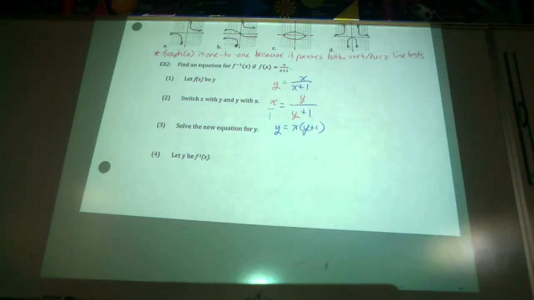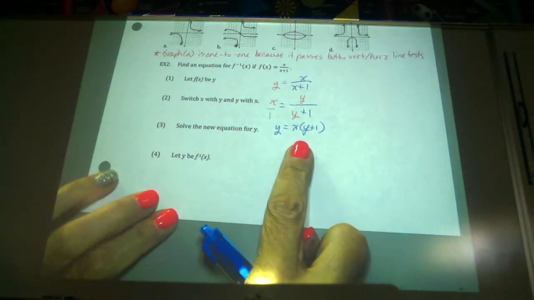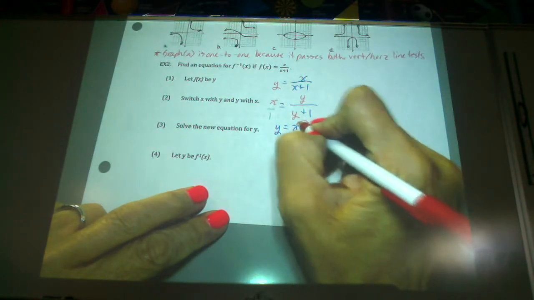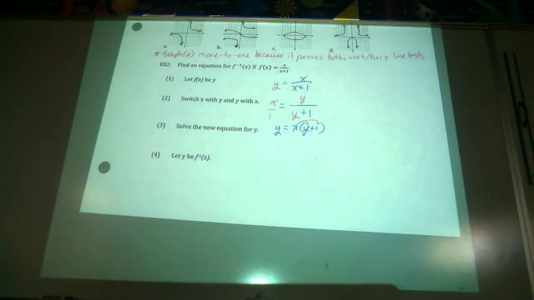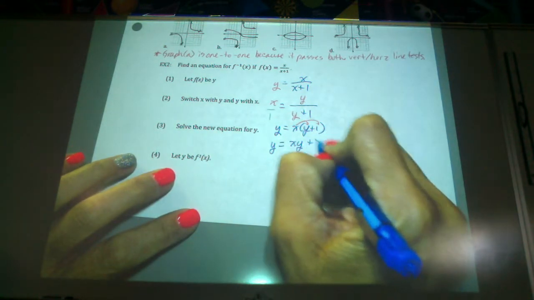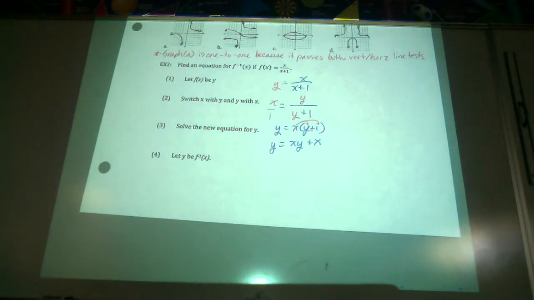What do I do now? Yeah, it looks like I have it solved for y, but I have a y on the other side, right? So I need to distribute because this y is in jail. The only way to break it out of jail is to distribute that x into those parentheses. So I get y equals xy plus x.